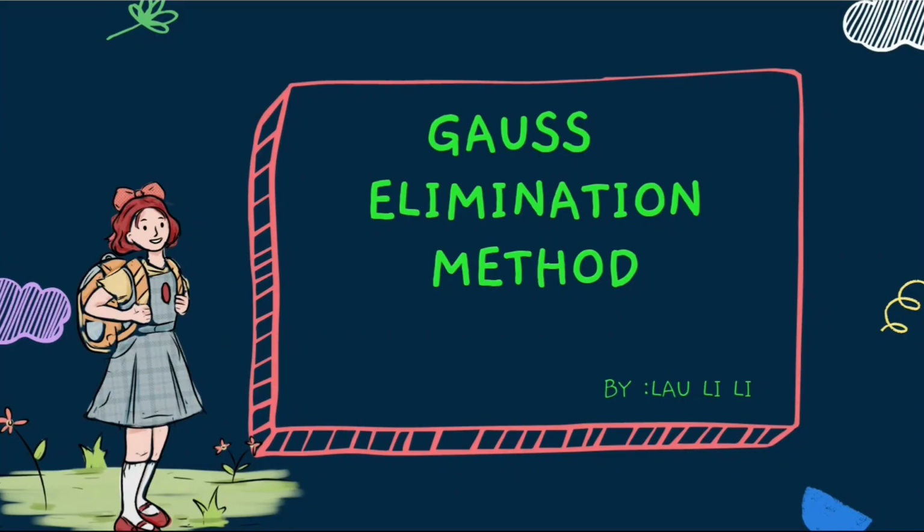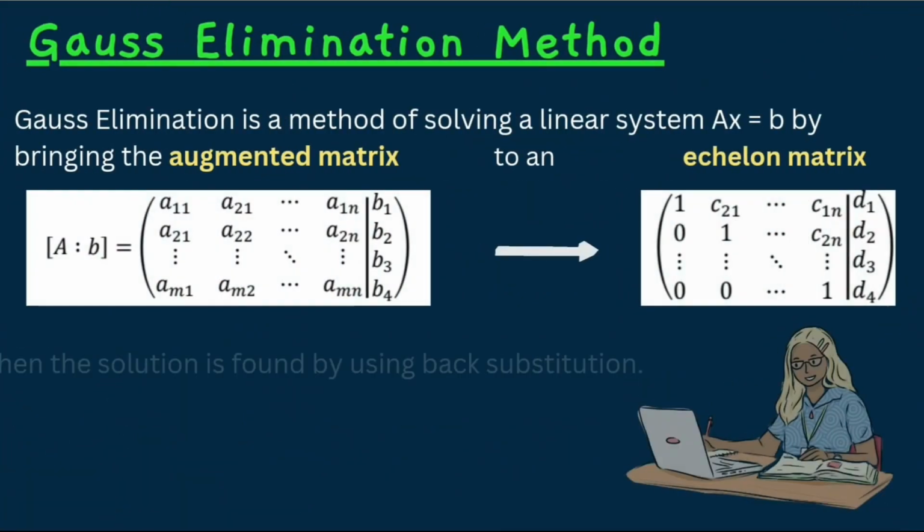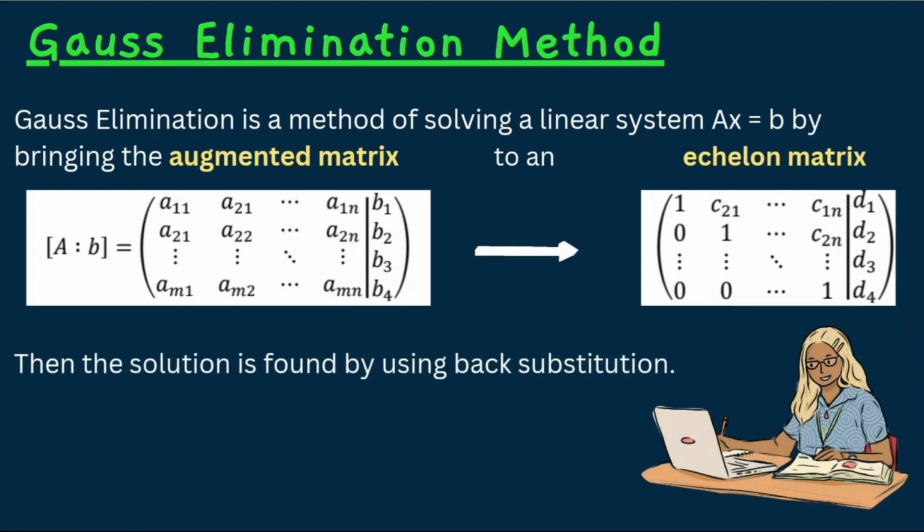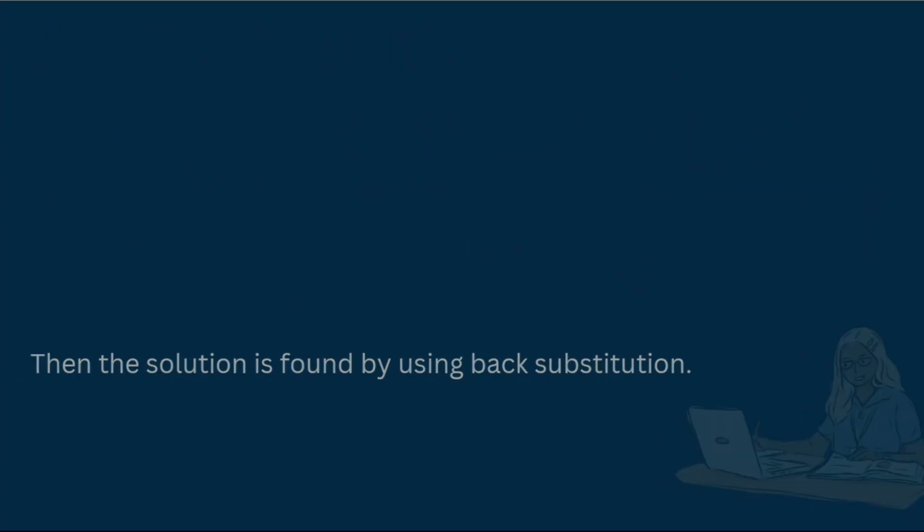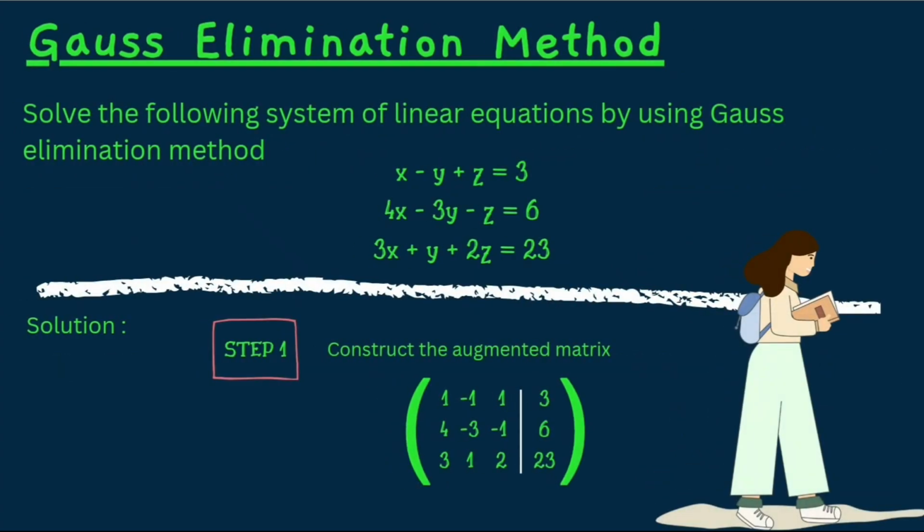Gauss elimination method. Gauss elimination is a method of solving a linear system by bringing the augmented matrix to an echelon matrix. From the problem statement, we get 3 equations. Let's solve the following system of linear equations by using the Gauss elimination method. Step 1.